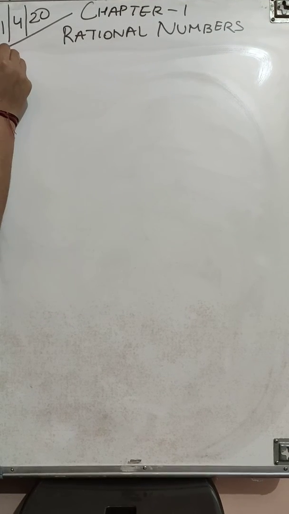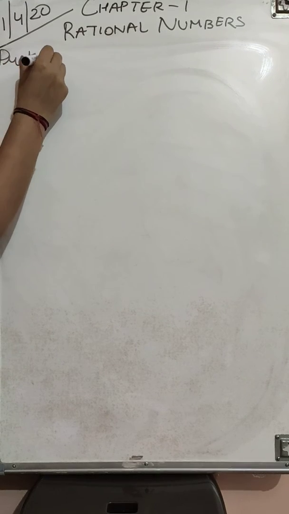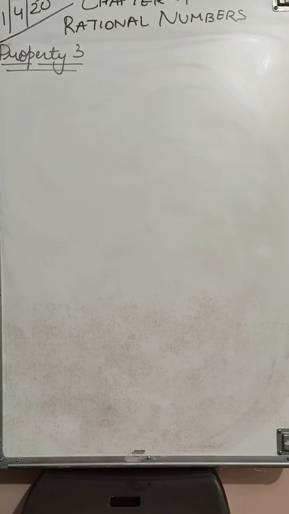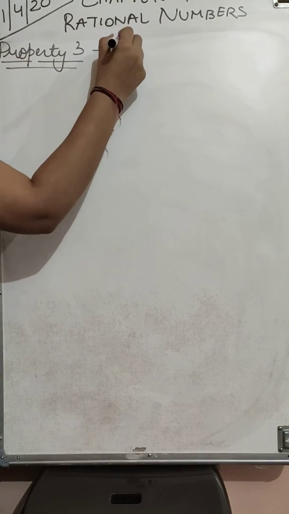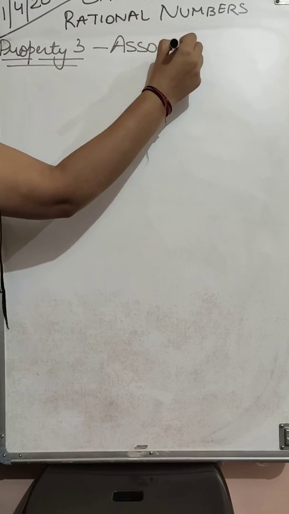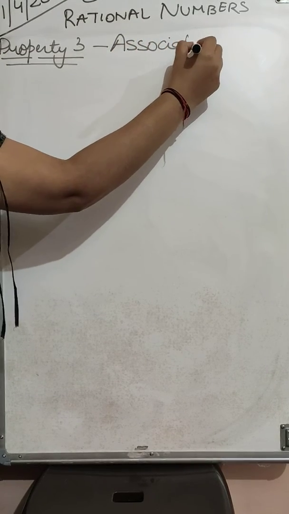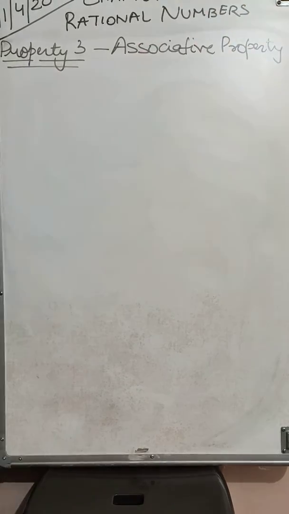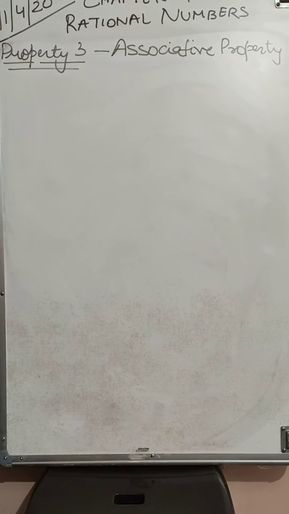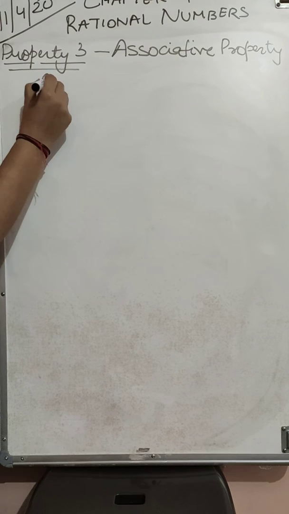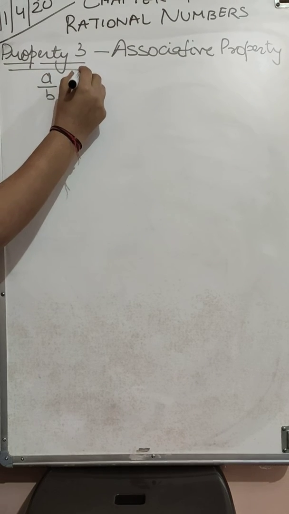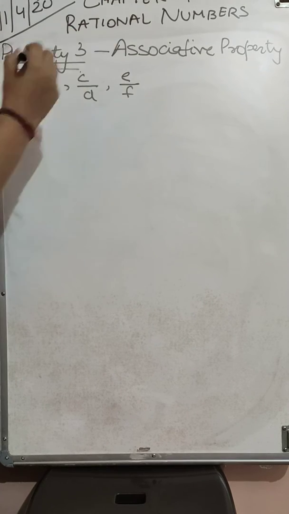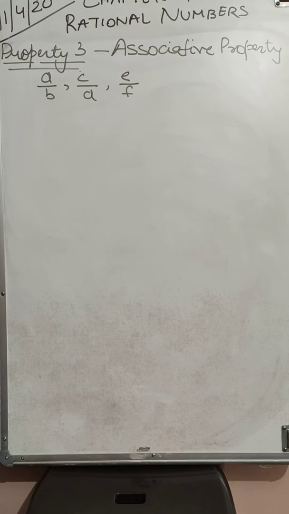Third property is associative property. What does this property mean? If I take three rational numbers, say A upon B, C upon D and E upon F, and if we add them, what are we going to get?